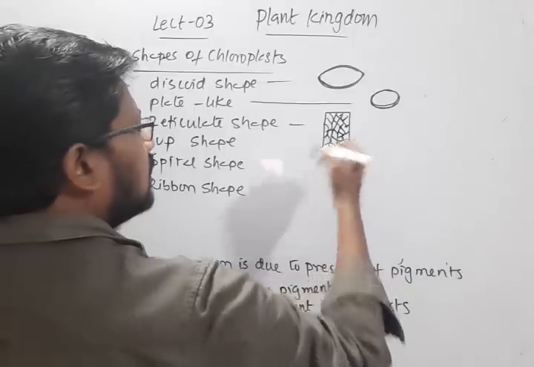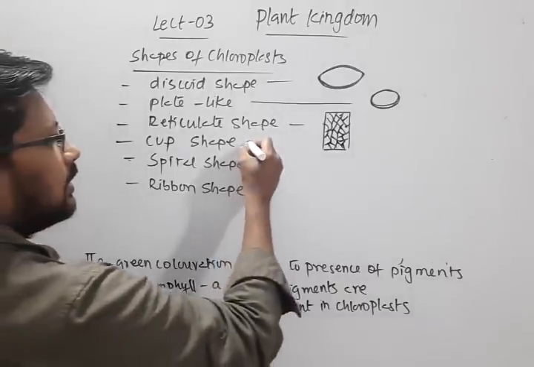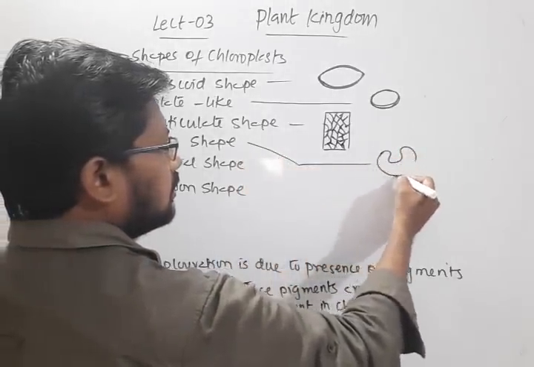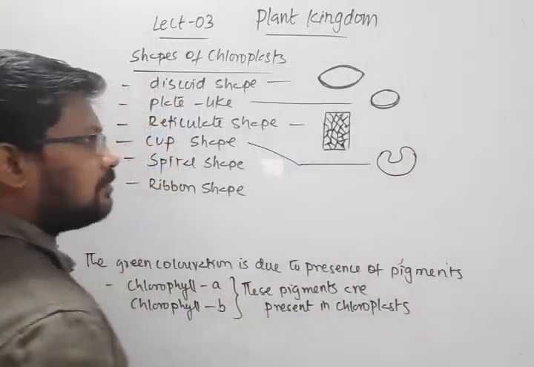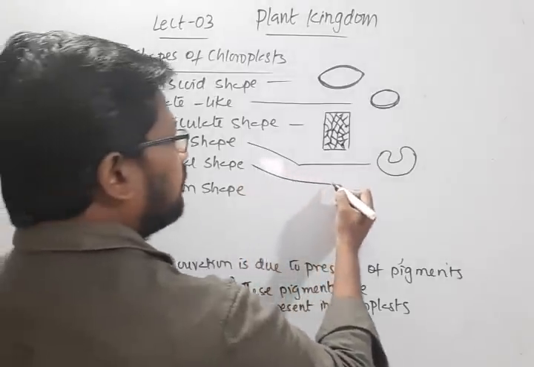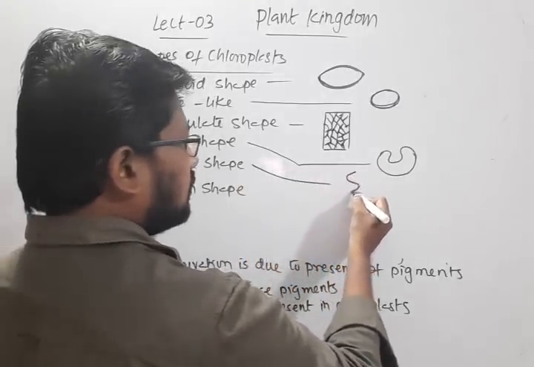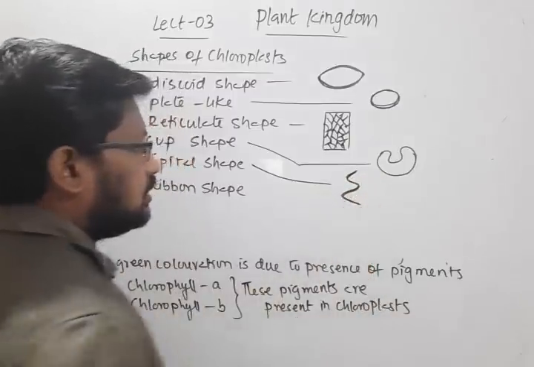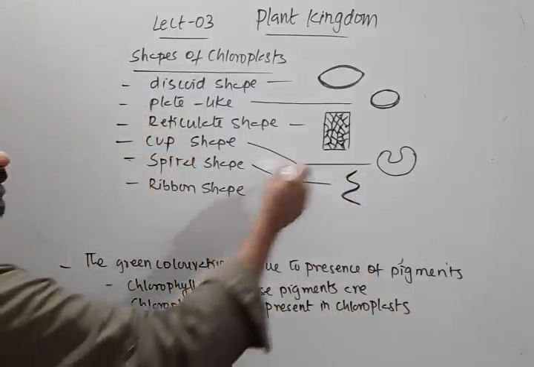So this is a network shape. And cup shape, you will see the chloroplast in this way. So this is a cup shaped chloroplast. Then spiral shape, you will find in this way. So this is a spiral shaped chloroplast.